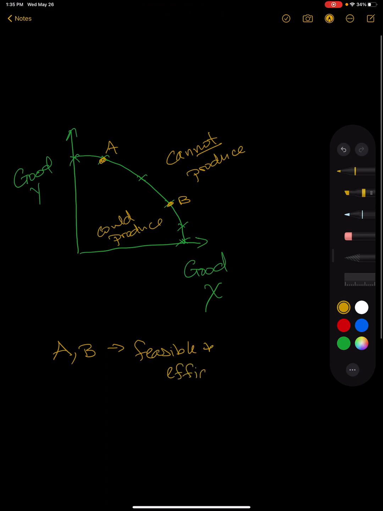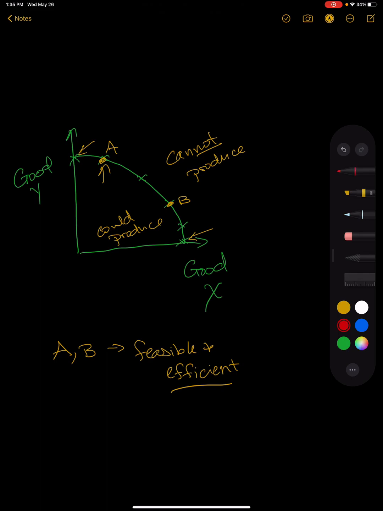In this case, efficient means that we're using all of our available resources. So I can use all of my resources to be at one endpoint. We saw this last class. I could use all of my resources to be at another endpoint, or I could use all of my resources to be at some point in between on that line. So points like A and B are feasible and efficient.